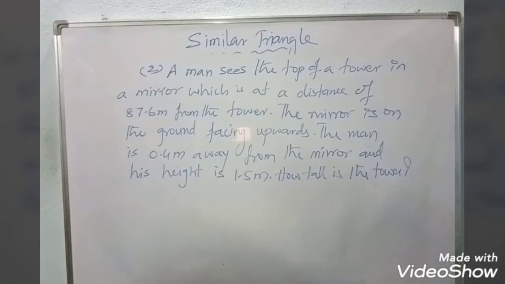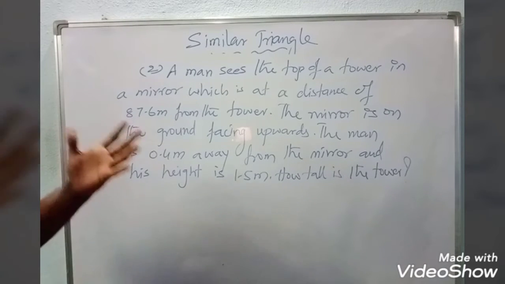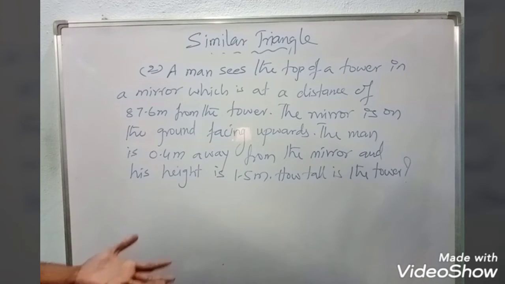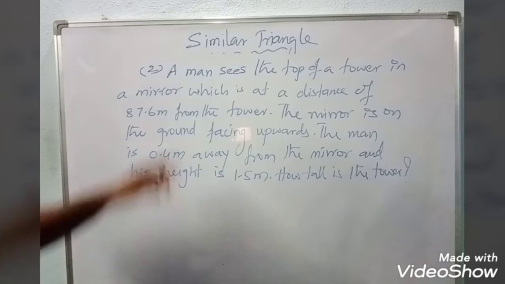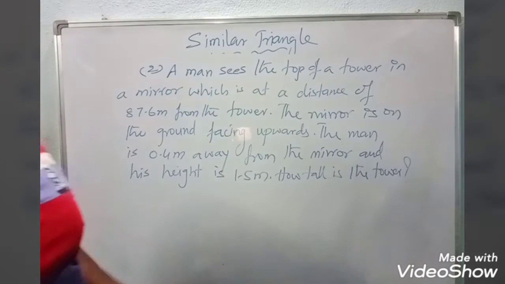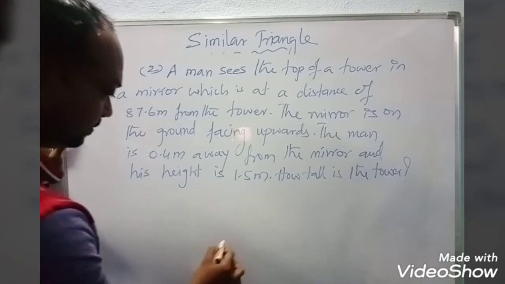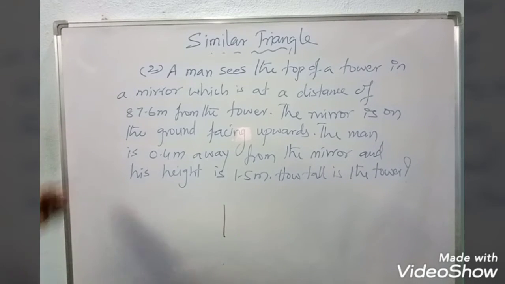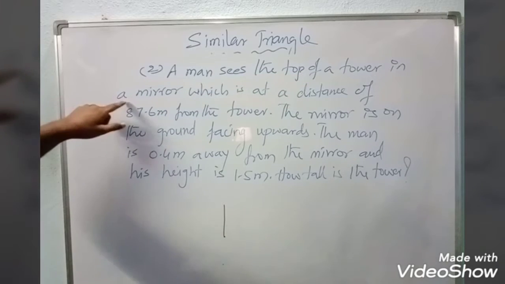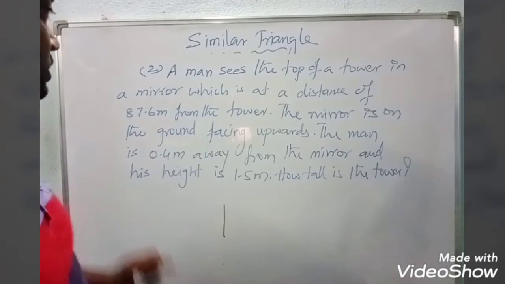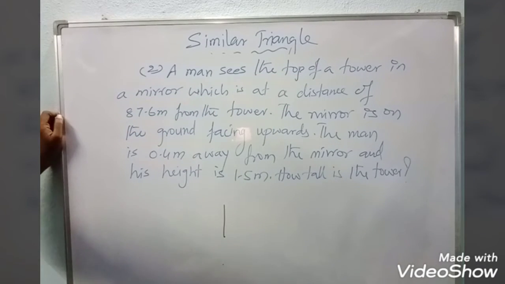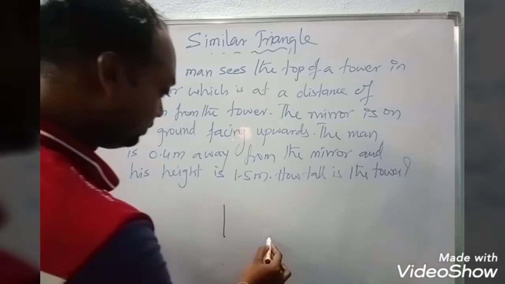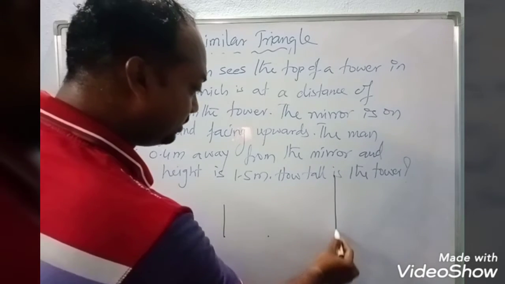draw the diagram. First you people have to know how to draw the diagram, depending on the problem, right? Now a man sees the top of a tower. Suppose a person is standing here, right? So he is seeing the top of a tower in a mirror which is at a distance of 87.6 meter from the tower.